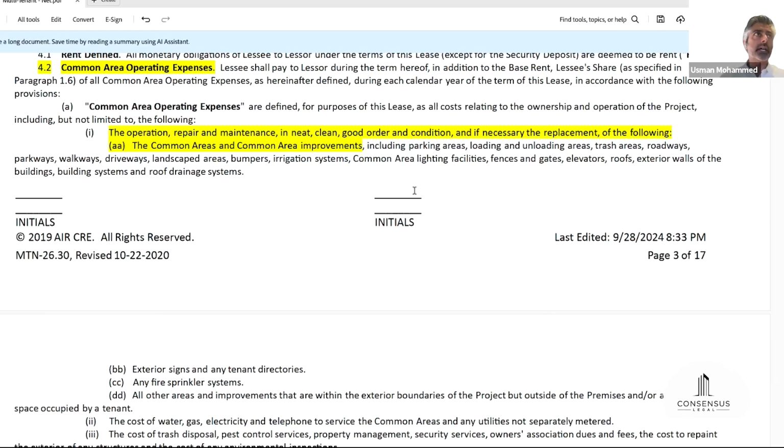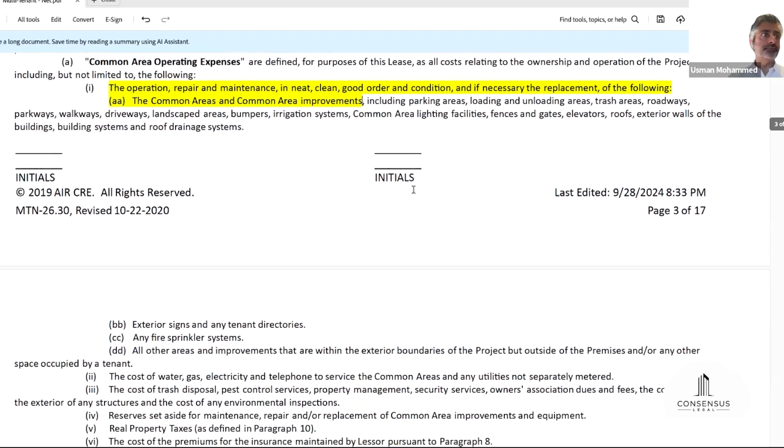Okay, let me try to get into that issue of the amortization. I got into that issue in a lot more detail in that earlier webinar on common area operating expenses.